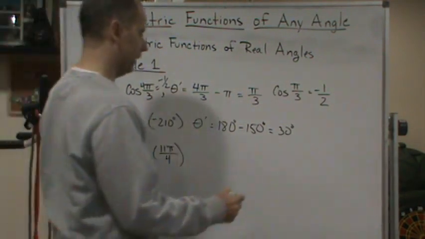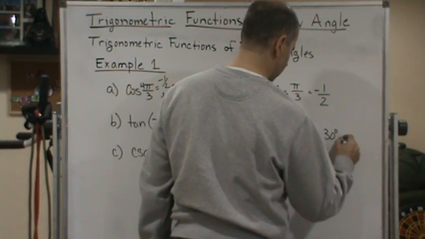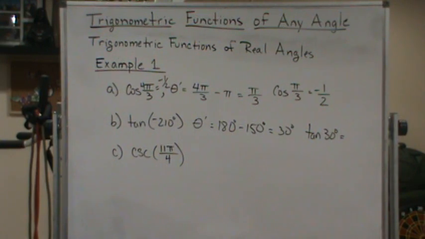So we know, again, tangent of 30 degrees. Think of right triangles, opposite over adjacent. Think of the unit circle.